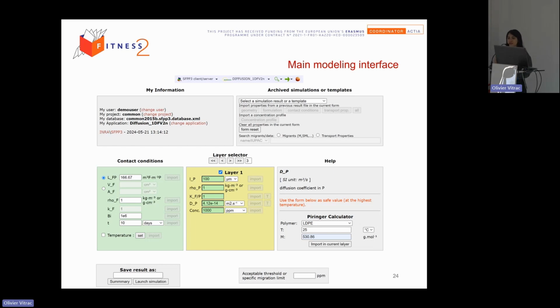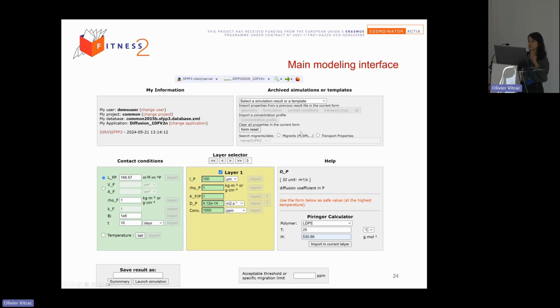It's free, but we need to know who you are, and to prevent some attacks. And in the main interface, you can see here we can find contact conditions, data concerning layers or material layers, and each time you put in a case, you have some help or information about this.